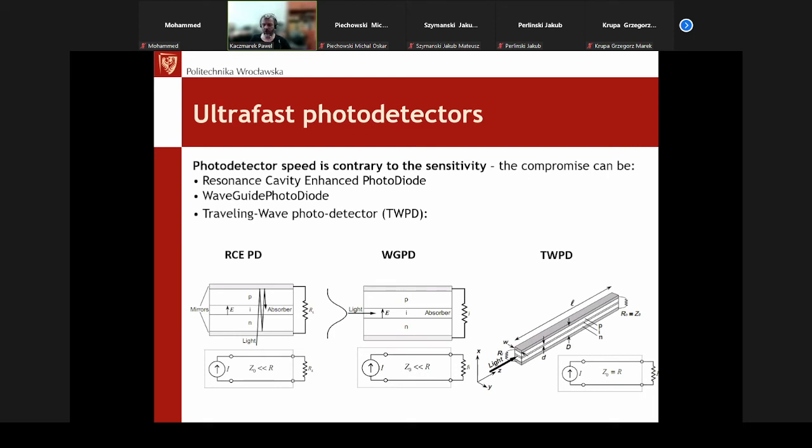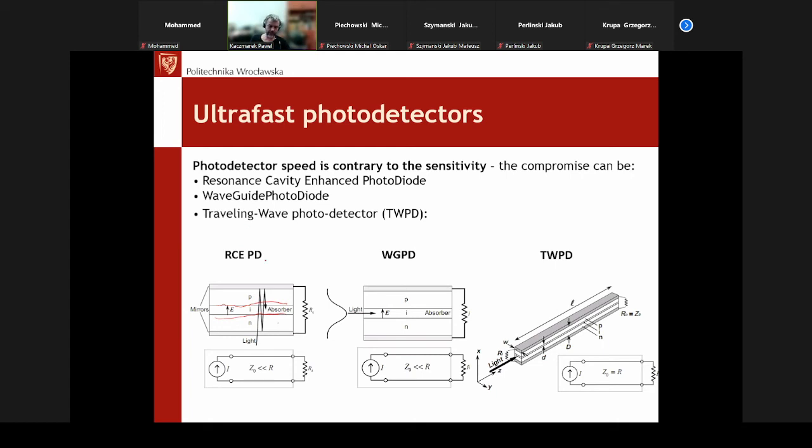They are all based on this PIN structure, but the approach is changing, because to increase the frequency of operation, we need to change the geometrical parameters of this intrinsic layer, decreasing the area of the junction, in fact, to decrease the capacitance of such a junction.